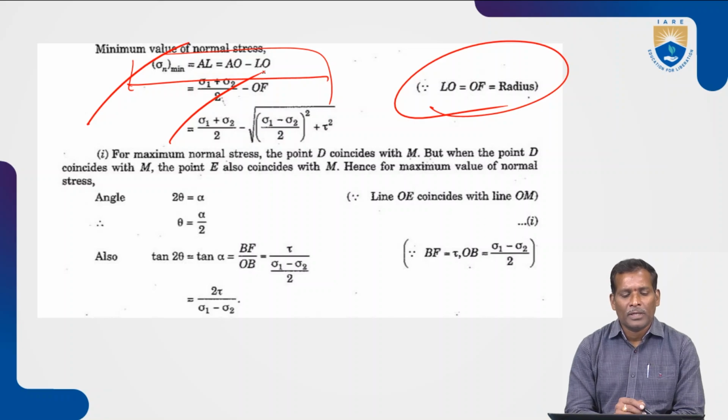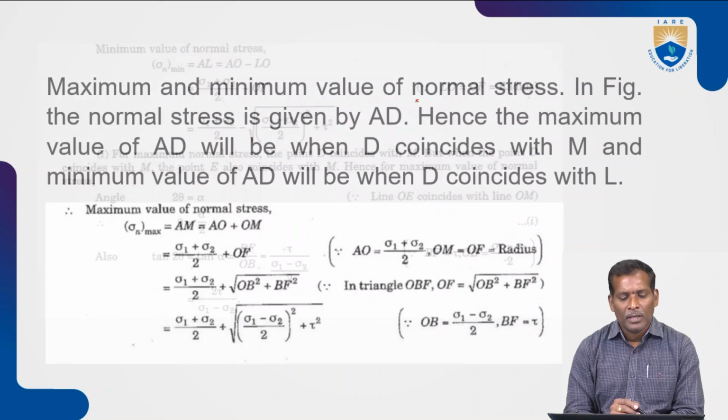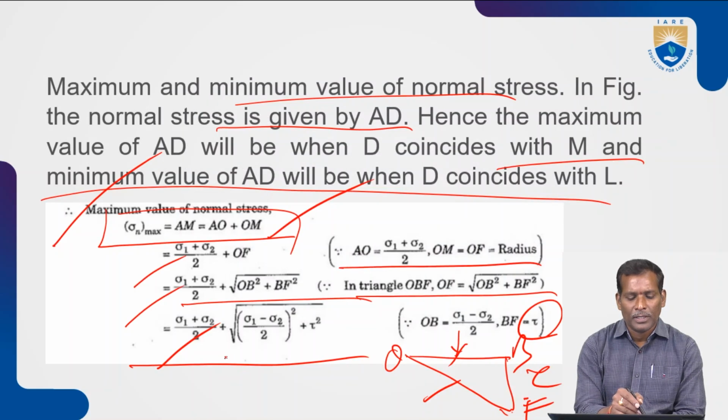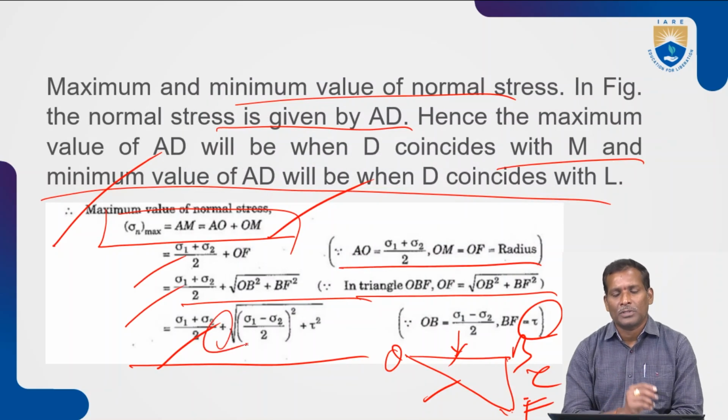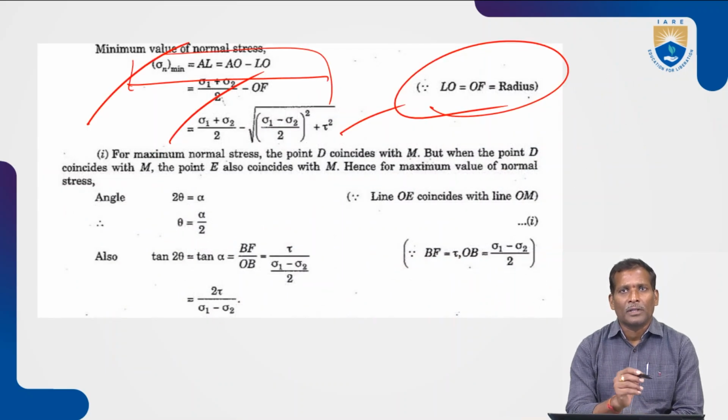You will get sigma 1 plus sigma 2 by 2 minus square root of sigma 1 minus sigma 2 by 2 whole square plus tau square. In the maximum, observe here, the positive sign occurs, and in this case negative will come.